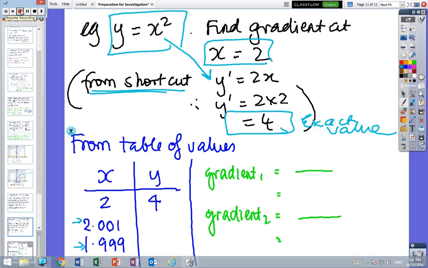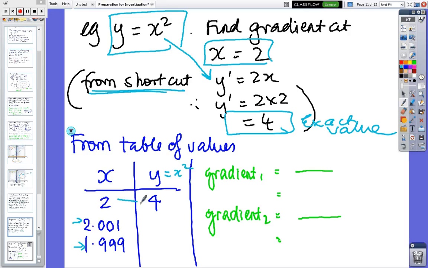So the function is y equals x squared. 2 squared is 4. And then 2.001 squared, and we have to write all the decimal places in, is 4.004001, and 1.999 squared is 3.996001 as well.